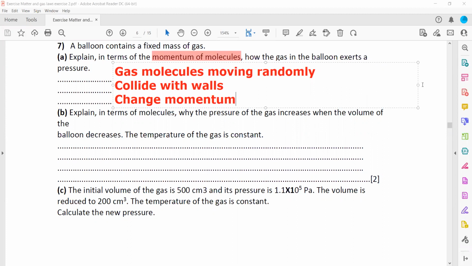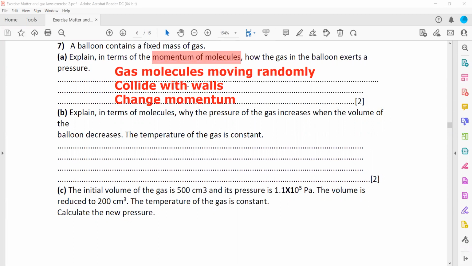And due to the change in momentum, as we know, whenever there is a change in momentum, there is always a force. So due to the change in momentum, it will exert a force on a unit area, which creates a pressure.